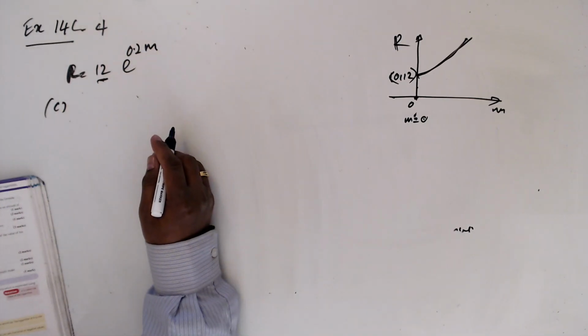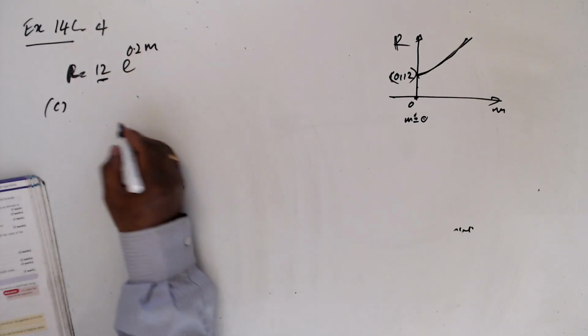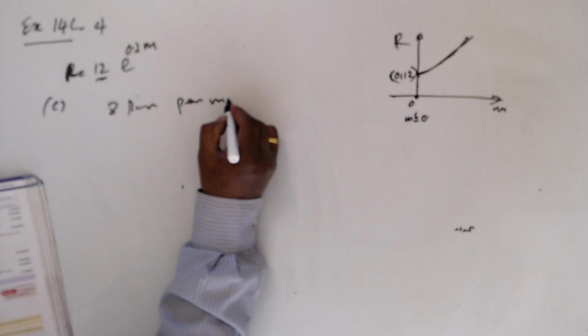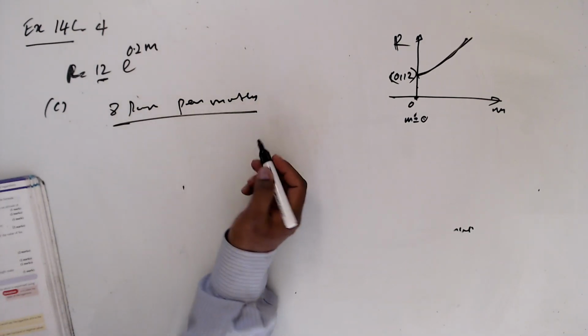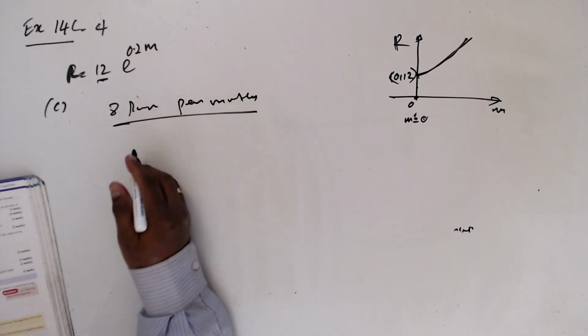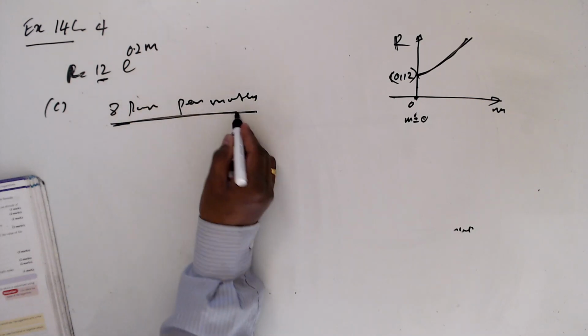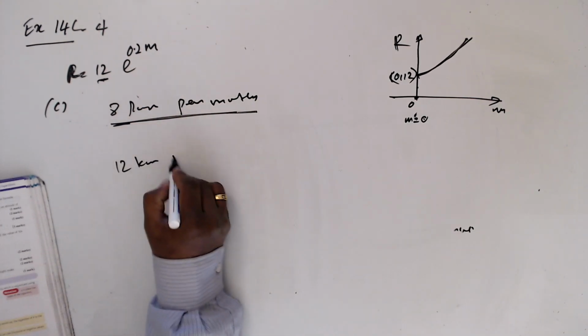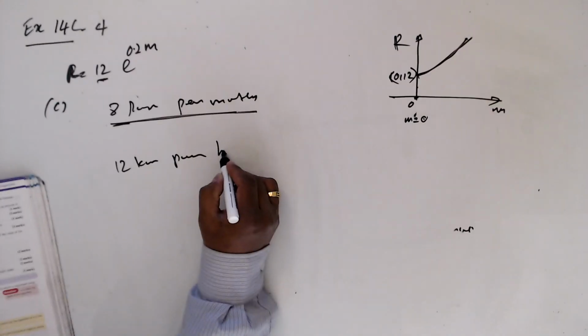Part C, show that after 6 months, the rabbit population is increasing by almost 8 rabbits per month. 8 rabbits per month. Or if you say with speed and distance, 12 kilometers per hour.